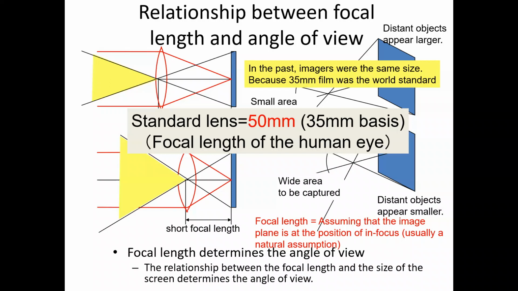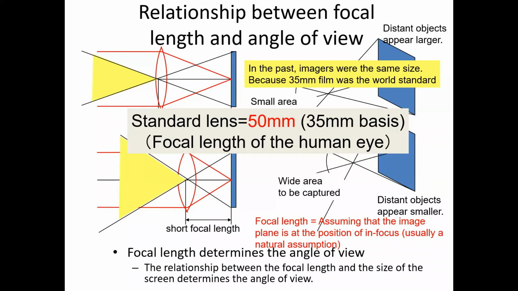So if you see this scene and you want to capture it as you see, then a 50 millimeter standard lens is good. But if you want to capture a little bit wider than your eye, then maybe a 28 millimeter lens is good.